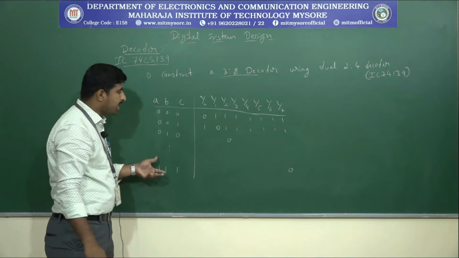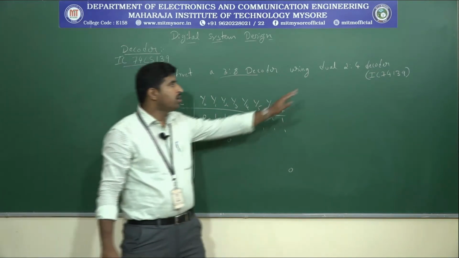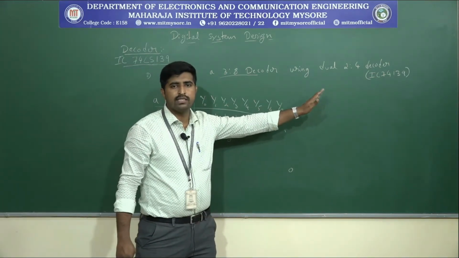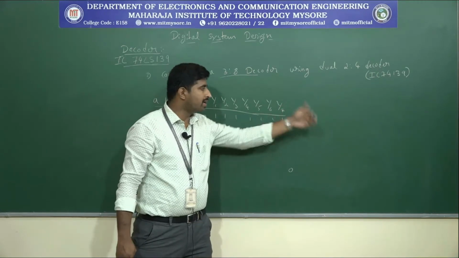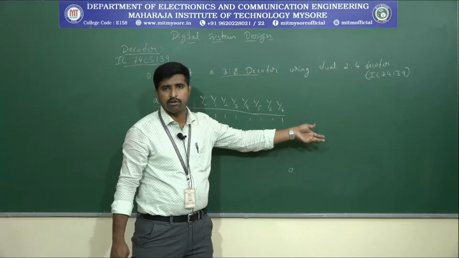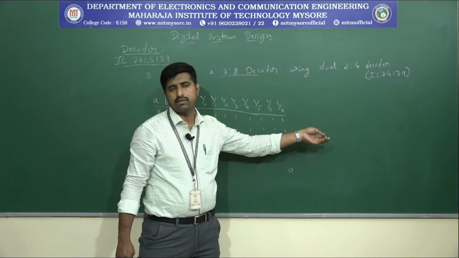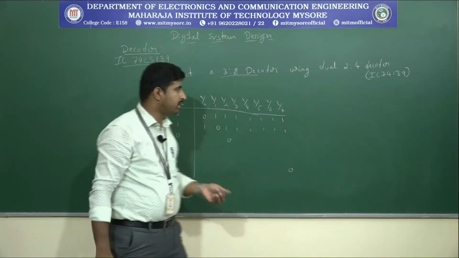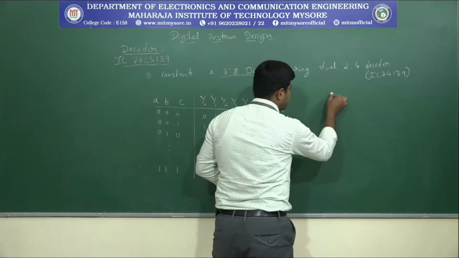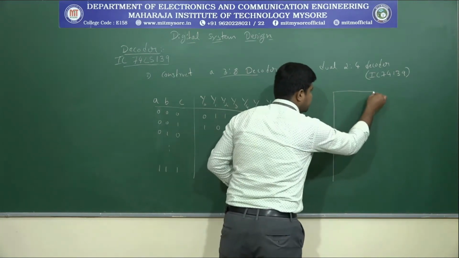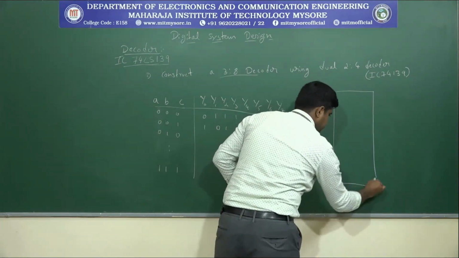Okay, so this can be constructed by using 2:4 decoders, or the IC 74139. So what is the connection? How will the circuit of the IC 74139 look? Let's see that. Okay, so let's have the IC 74139.